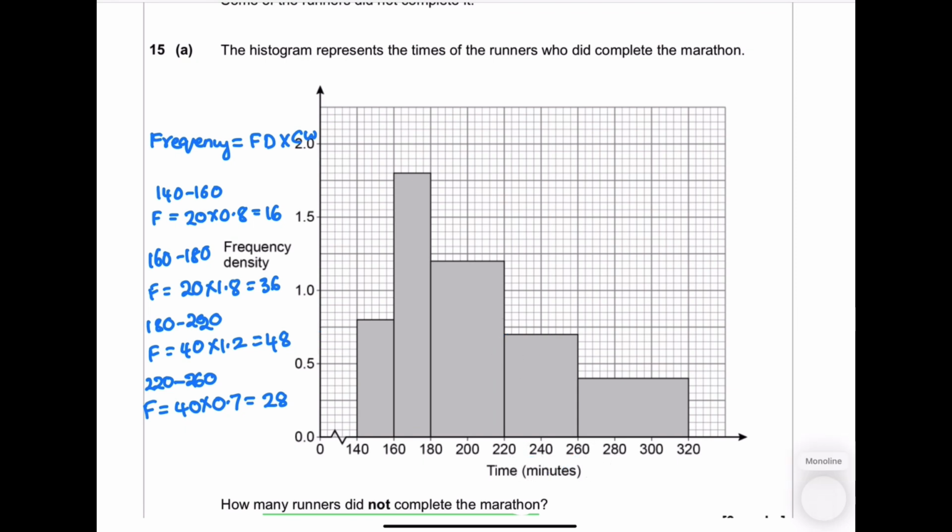Now the last bar is between 260 and 320. 60 is the class width and the frequency density is 0.4.